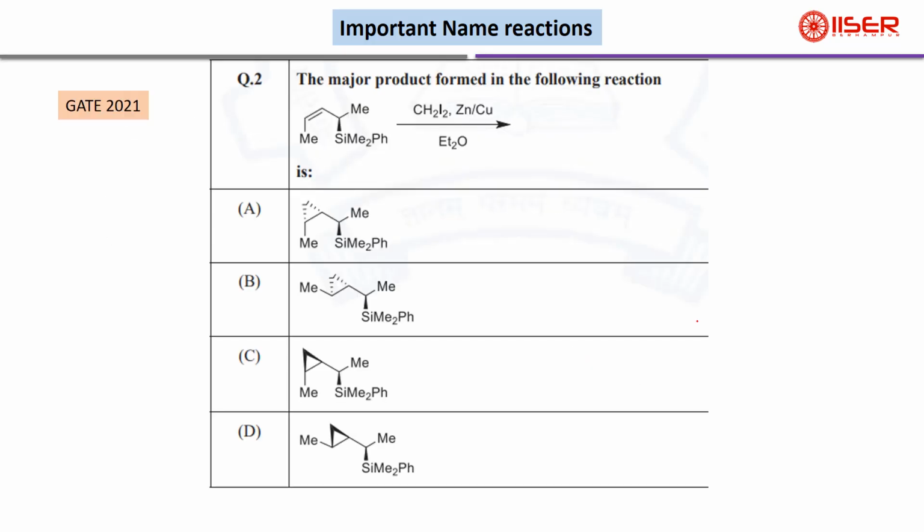So what will be the product in this case? The major product formed in the following reaction.